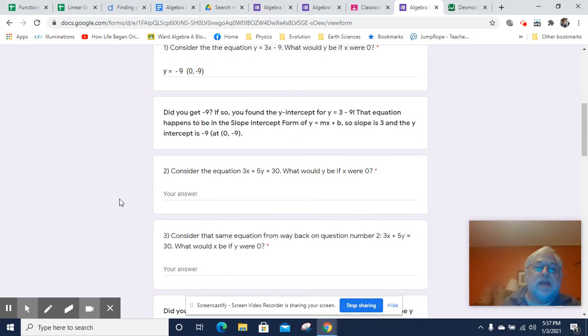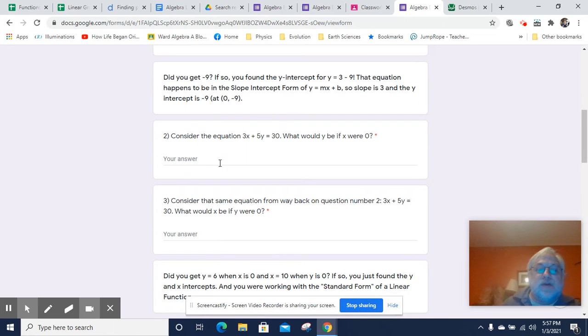Okay, let's take a look at this next one. Considering this equation, 3x plus 5y equals 30, what would y be if x were 0? Again, all you have to do is replace x with 0. So 3 times 0 plus 5y equals 30, and then we just do the solving.